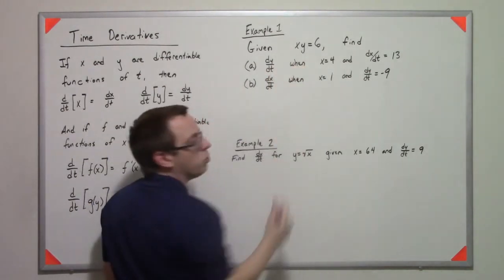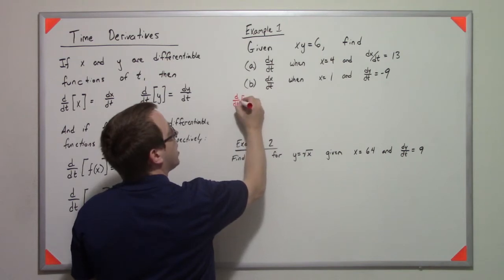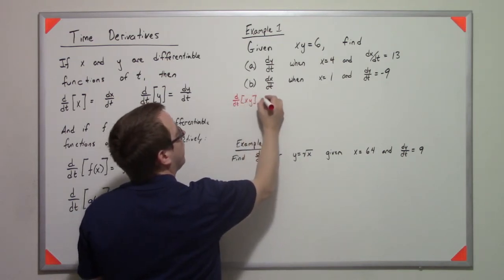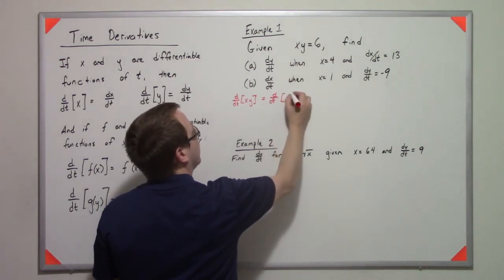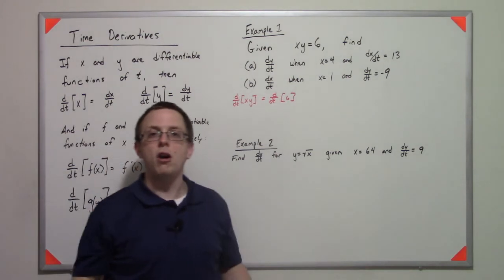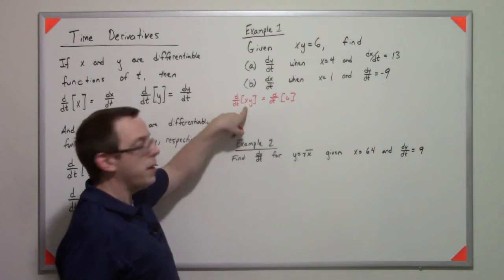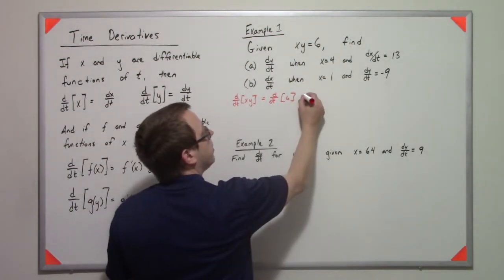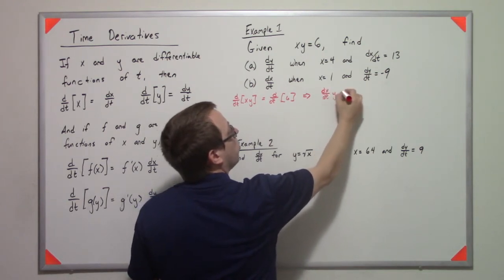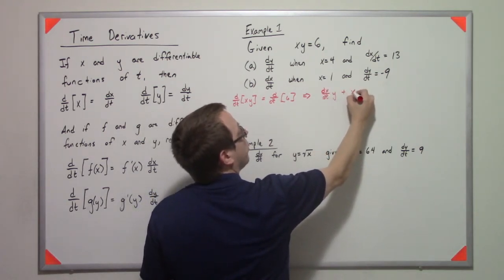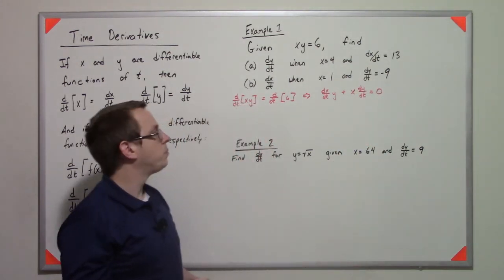If I take the derivative with respect to t of both sides, well, the derivative of a constant with respect to any variable is always 0. And this is a product, so it's the derivative of the first, hold the second, plus the first times the derivative of the second, equals 0.